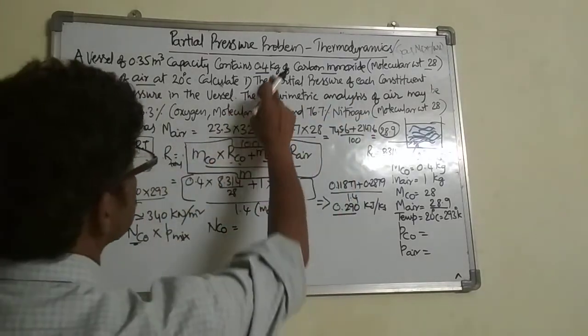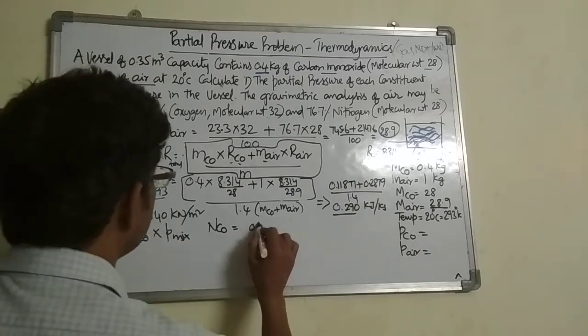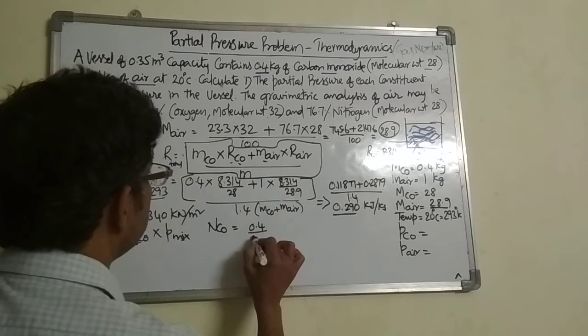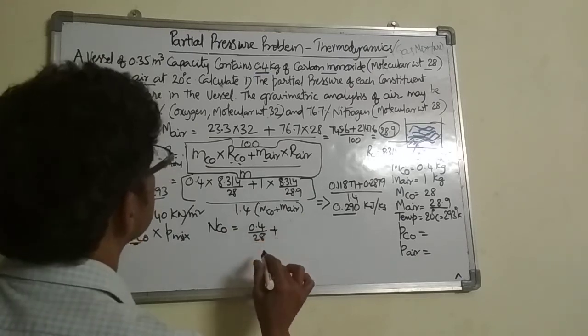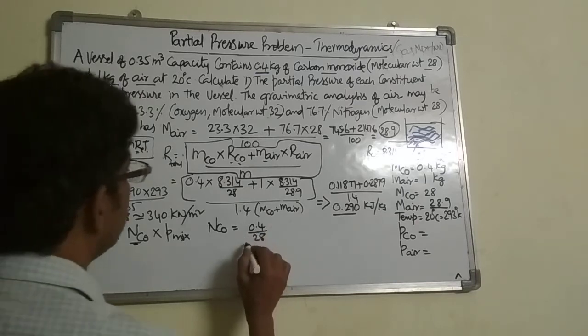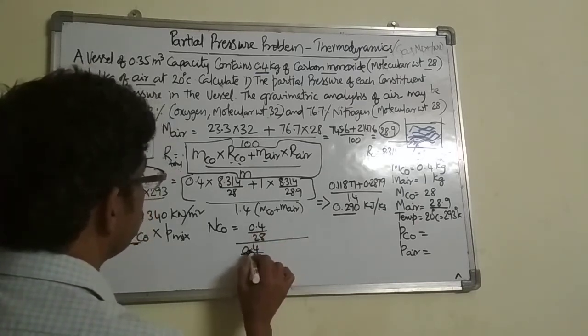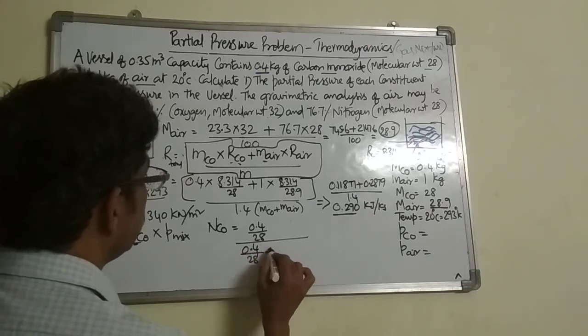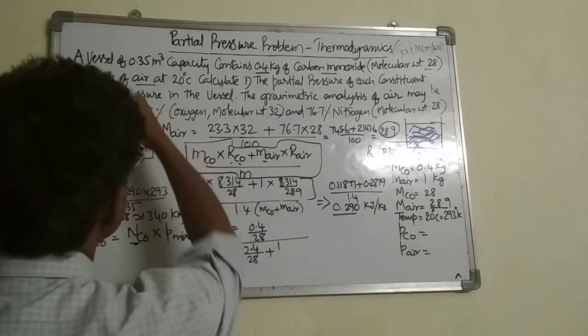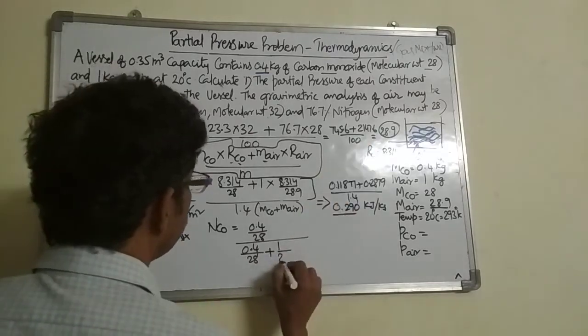mass of this carbon monoxide is 0.4 divided by 28, the molecular weight, divided by the sum of these two things, that is 0.4 divided by 28 plus 1.1, sorry 1, is the mass of air, 1 divided by the molecular weight of air.